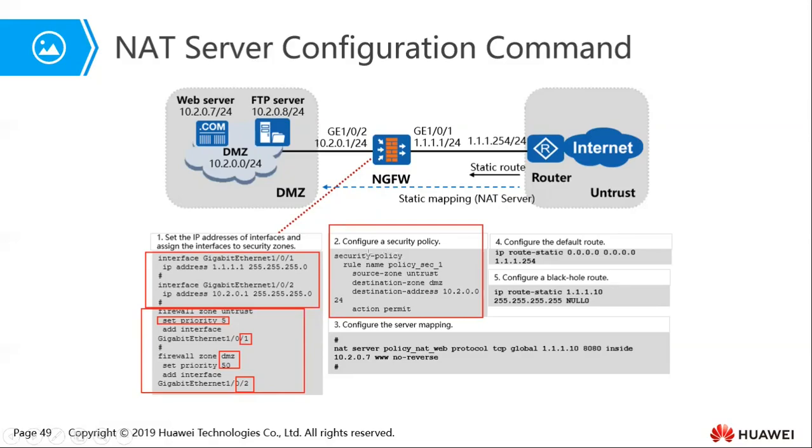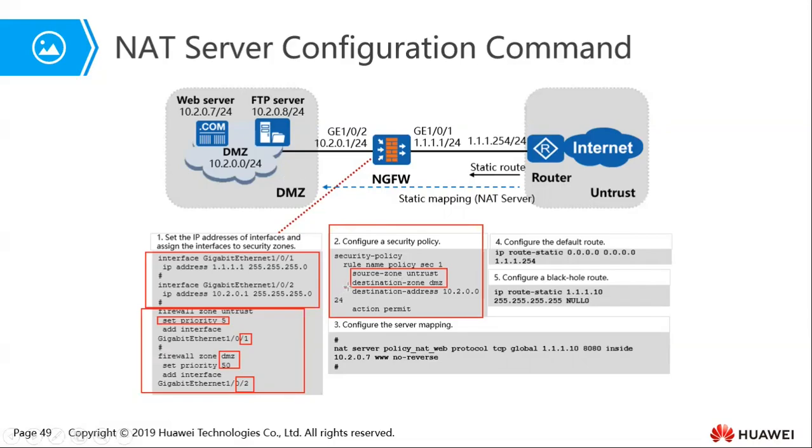So the policy goes security-policy, rule name policy_sec1. Then we are allowing a source zone of Untrust and a destination zone of DMZ, so we are allowing traffic coming in from Untrust to DMZ.